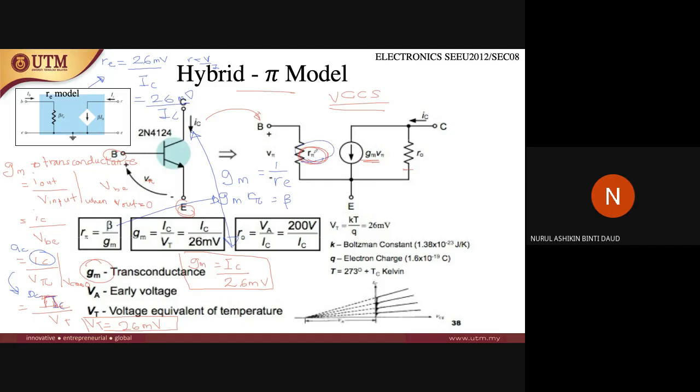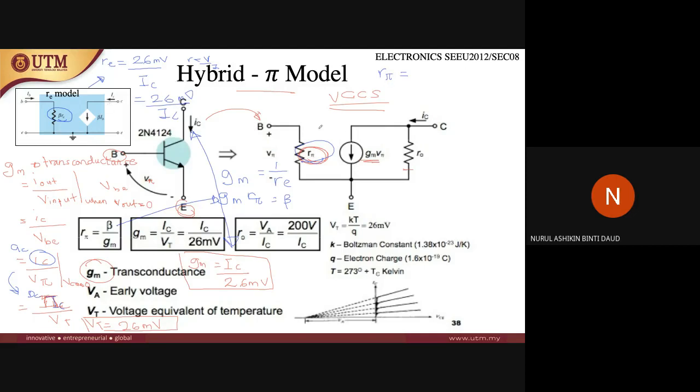If you look at both models, this is the hybrid pi model and this is the re model. This r pi can be equivalent to beta re. So that's why r pi is beta re.